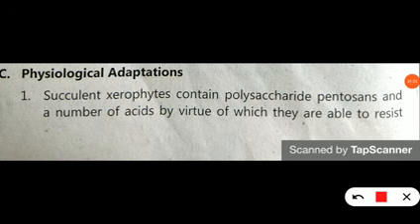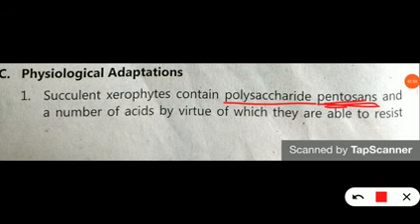Polysaccharides consist of more than 10 glucose molecules, sugar molecules. Pentosans are another polysaccharide molecule. The succulent xerophyte contains pentosans and a number of acids, by virtue of which they are able to resist the drought.